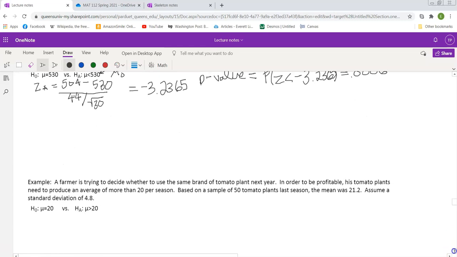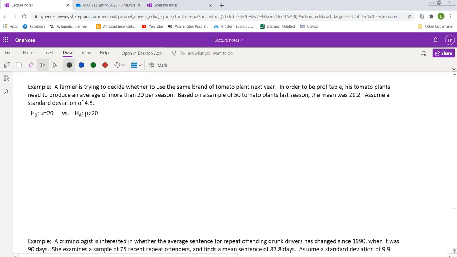Now let's move on to our second example. And again, I filled in some details. So we know that we're testing whether mu is greater than 20. So 20 is our mu naught. So we took a sample of 50, so n is going to be 50. The sample mean is 21.2.